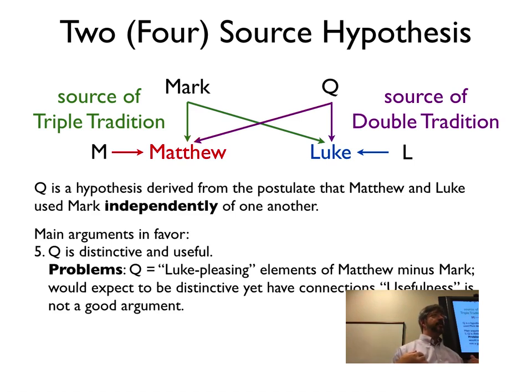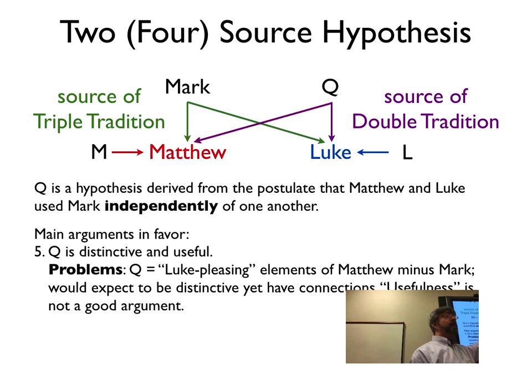How many sources do I have? One. Michelle's the only source. Yeah, and you're right. So if Matthew is using Mark and Luke is using Matthew and Mark, how many sources do we have for all of this stuff? One.